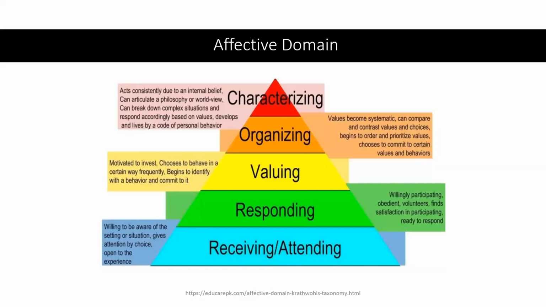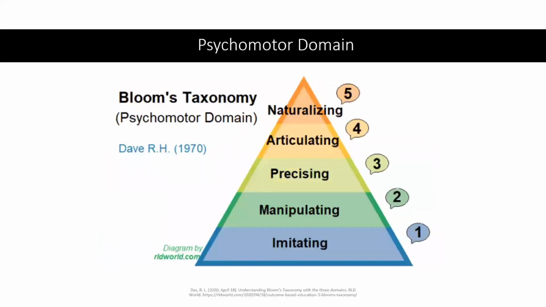And then we have characterizing. So this is where the student will demonstrate consistent characteristic behavior by internalizing their values, and it lets them control their behavior. It starts to become their character. Then in the 1970s, there were several recommended additions to Bloom's original taxonomy that elaborate on the psychomotor domain.